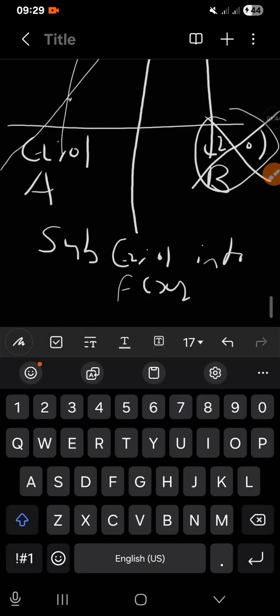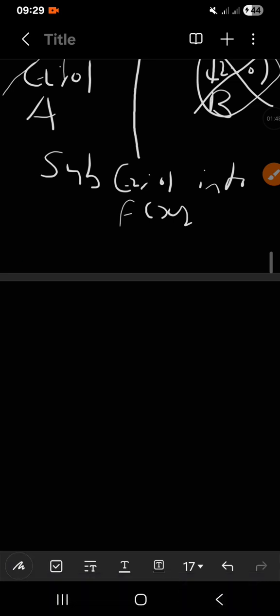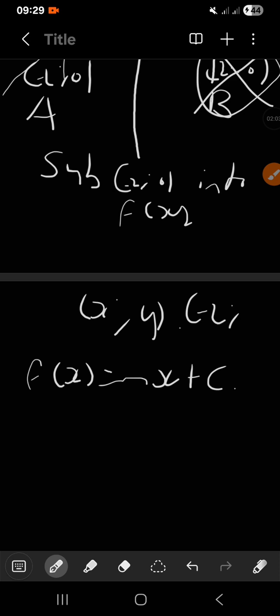A coordinate is in the form of x, y. So I have f of x equals mx plus c, and the coordinate is negative 2 and 0.